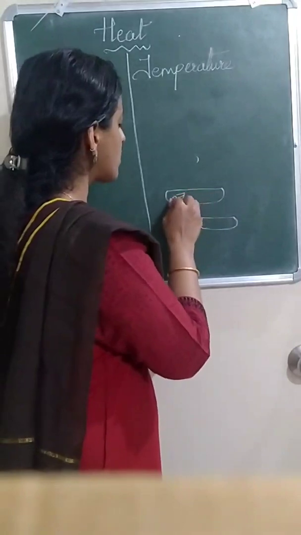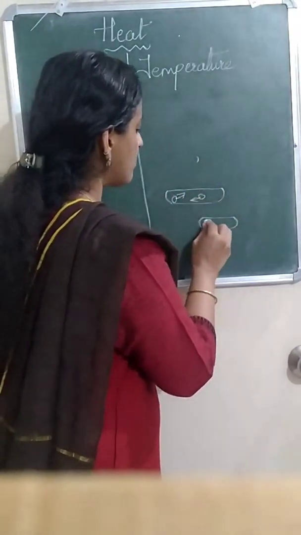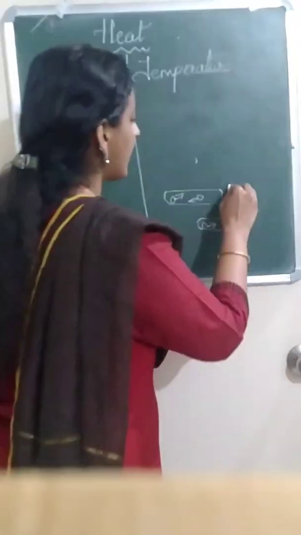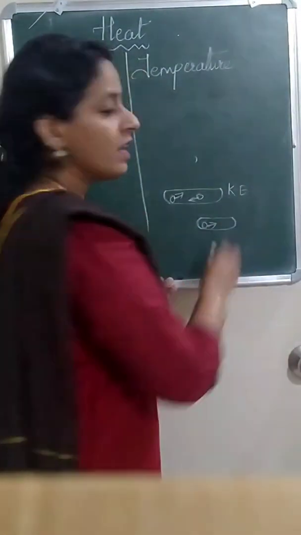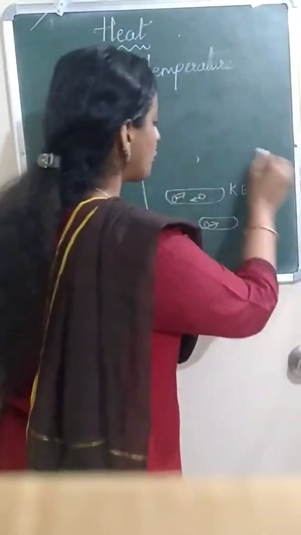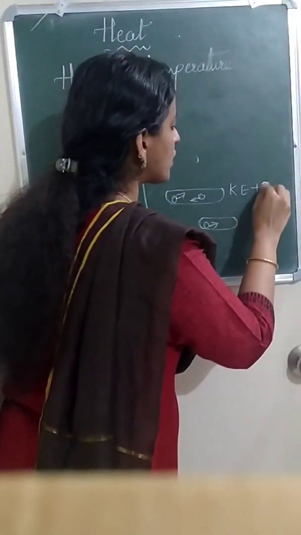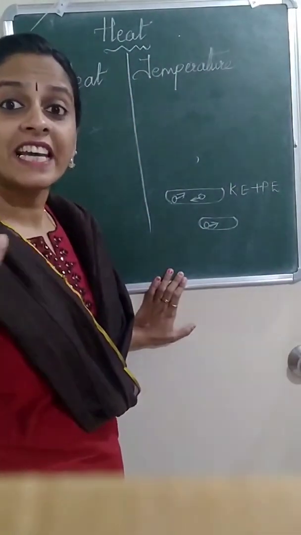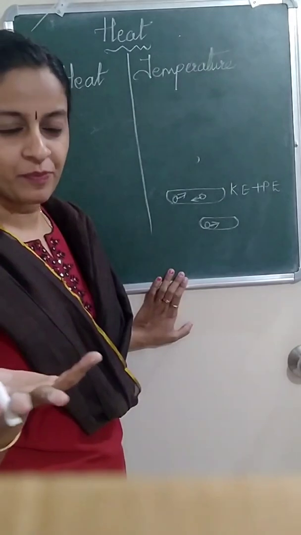The atom starts moving, and any object which is moving possesses kinetic energy. Potential energy was already present in the atoms. So, the total of kinetic and potential energy contained in a substance is called heat energy or thermal energy.